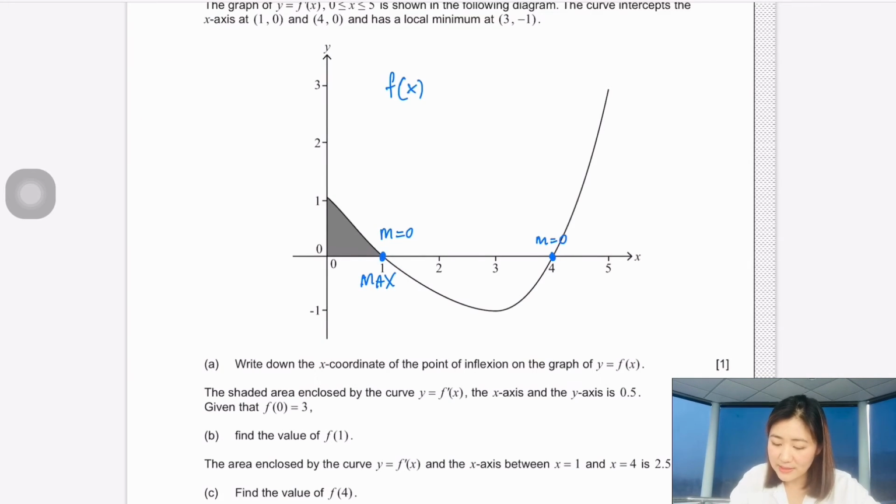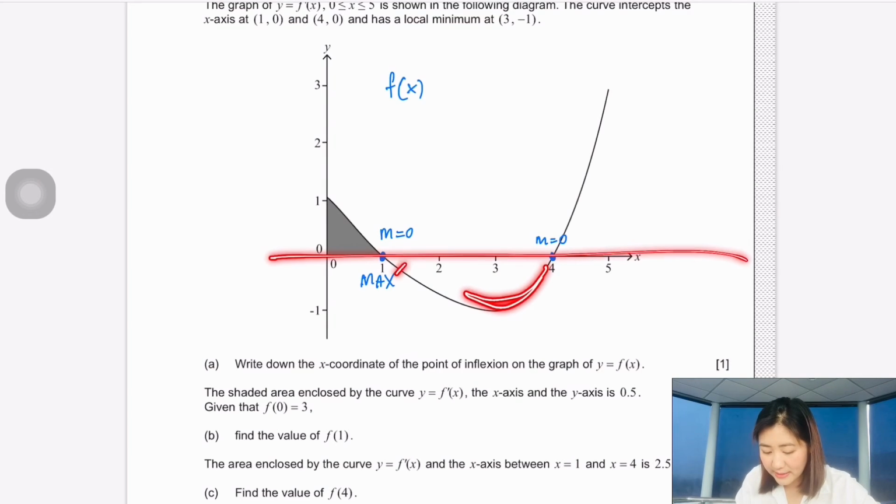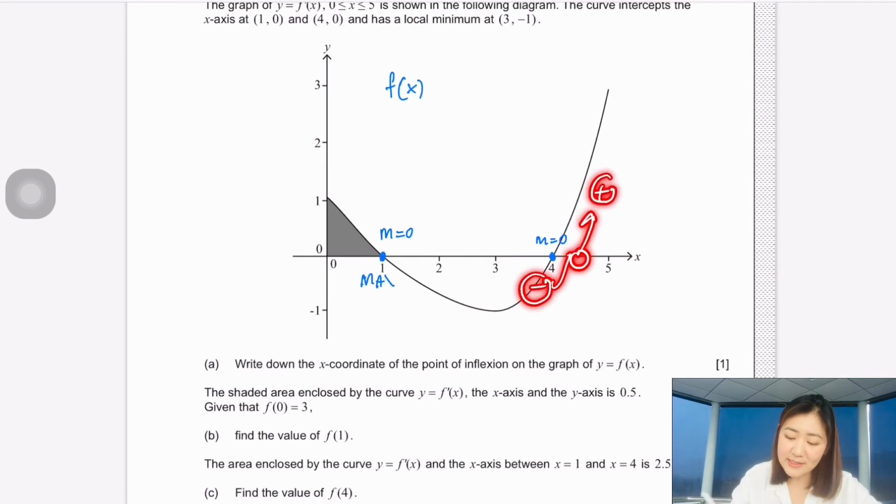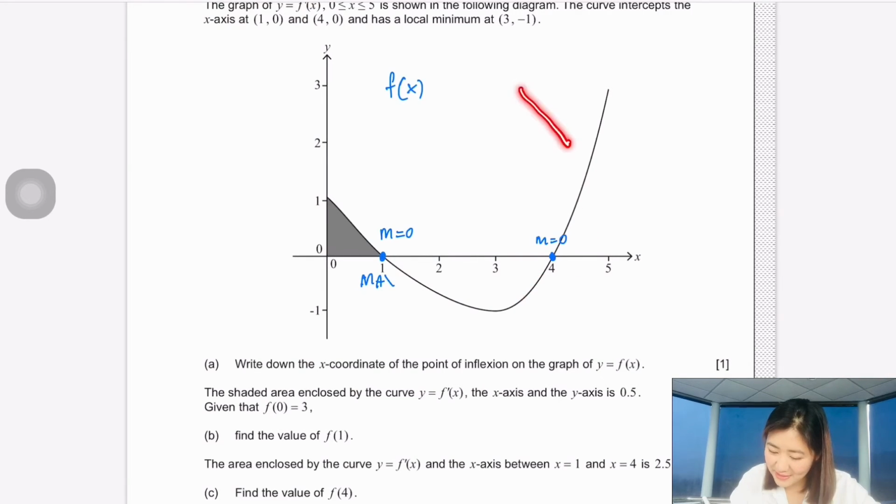And look at this point here. The gradient is 0. Before the point, the gradient is negative, right? It's in the negative region. The negative gradient changes to 0 gradient and then changes to positive gradient. So negative, 0, positive, you will get a minimum.